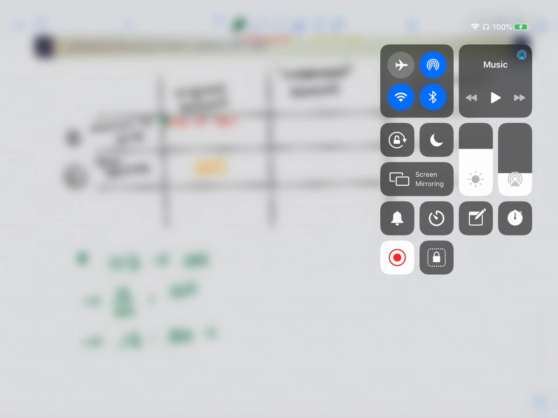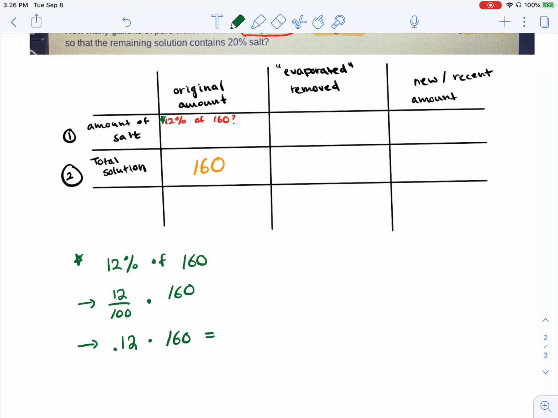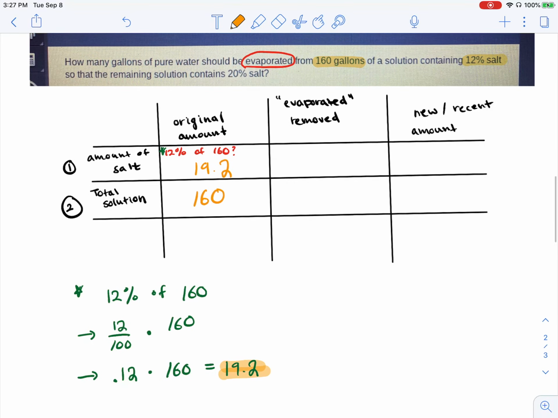I don't have a calculator here, but if I were to calculate on a separate calculator, it's 19.2. If you had done it with a fraction, you would eventually get 19.2. Just for the sake of time, you may either use a calculator or solve it on your own using the fraction. So I'm going to put 19.2 up here and highlight it. 19.2, that's the amount of salt we have in the original solution.